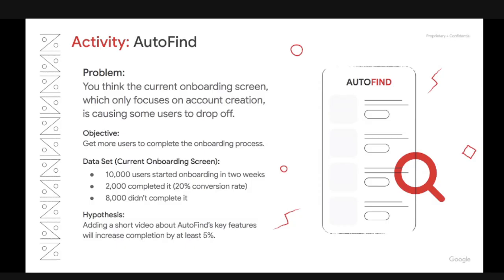So the question here is, what will be your A/B testing? I will give you 2 minutes. How would you approach your A/B testing in this regard? You've got 10,000 users. They all started onboarding. Only 20% of that completed it. In other words, they engaged with the onboarding process, but they couldn't complete it.